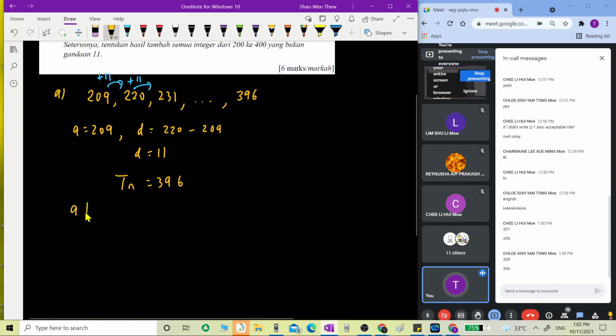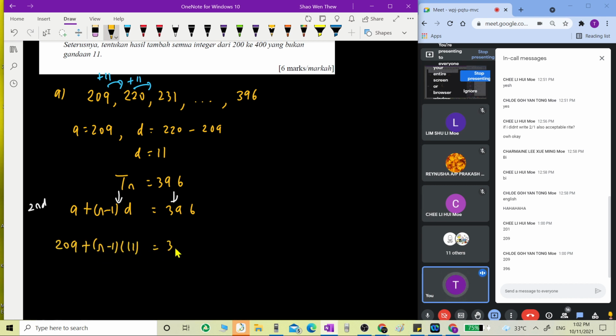And then you can start to write the formula. This one is left and right. When I say left and right, the formula is on the second line. See? After that, you fill in the 209, and then n minus 1 multiplied by 11, 396.